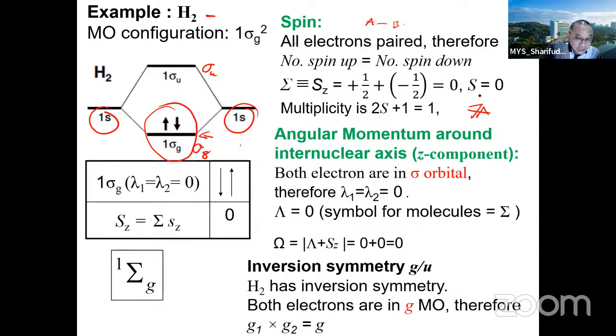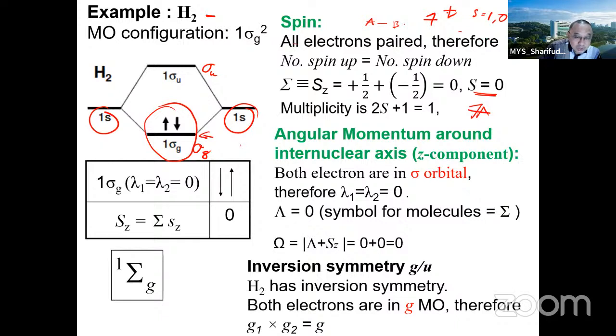So the multiplicity is only S equal to 0. The only way you can get a triplet state is when you have two orbitals. If there is a transition, then one pointing up, one pointing down, different energies, then you can have S is either 1 or 0.